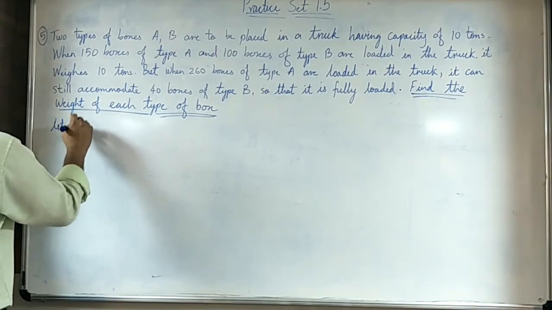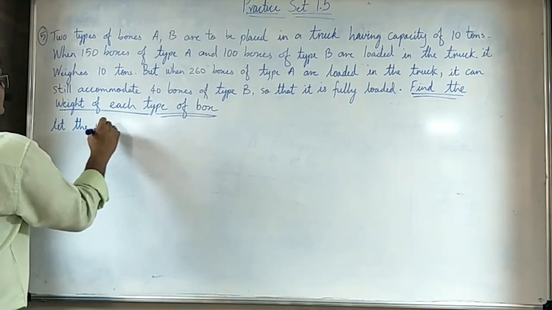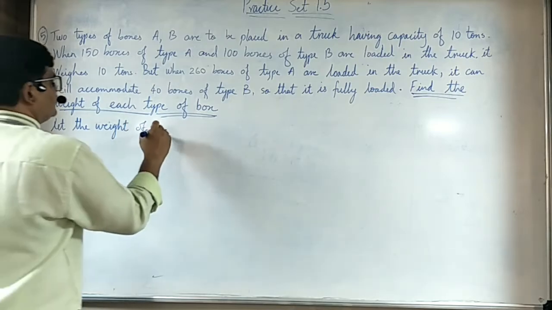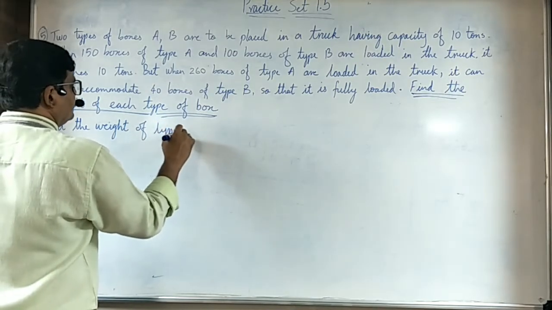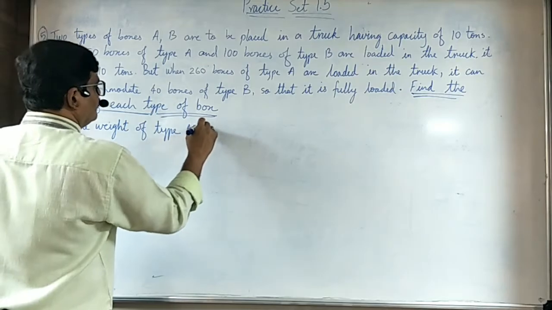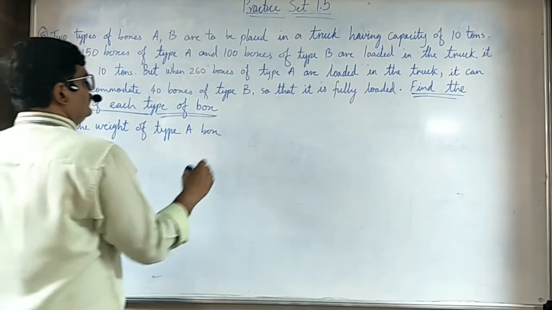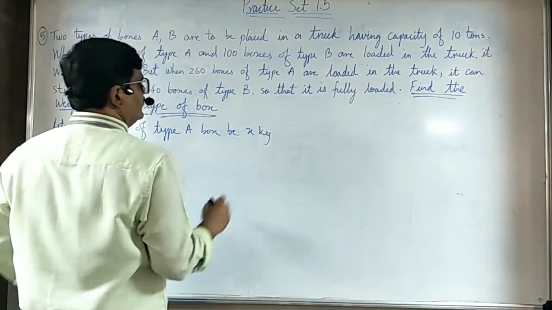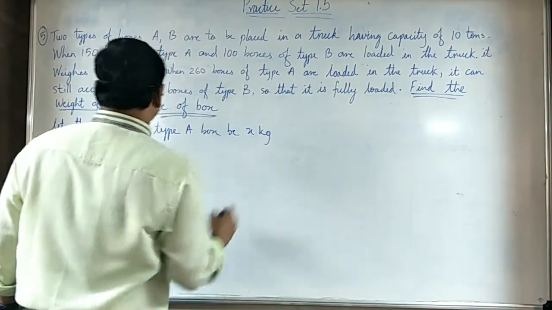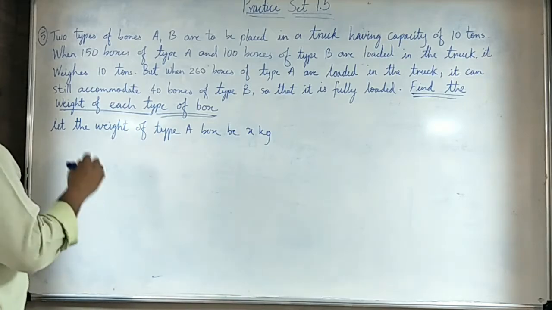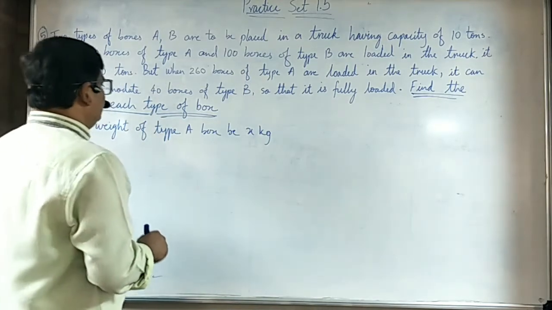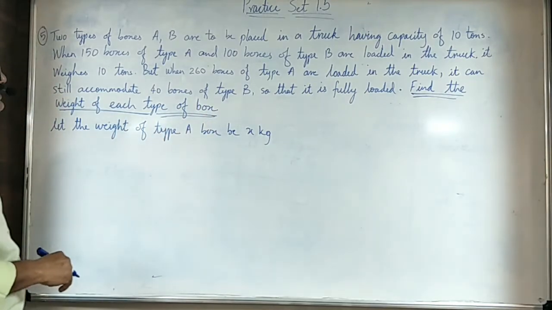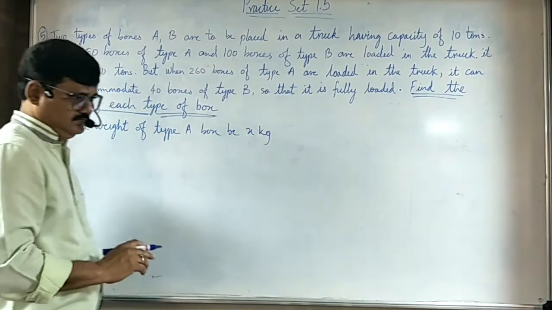Let the weight of type A box be X kg. Pay attention carefully. Let the weight of type A box be X kg. That means one box weighing X kg.